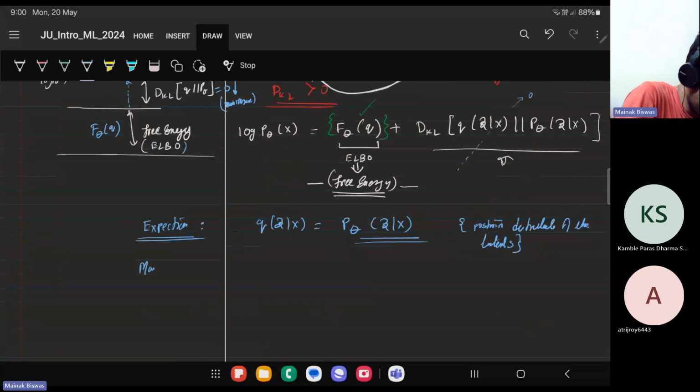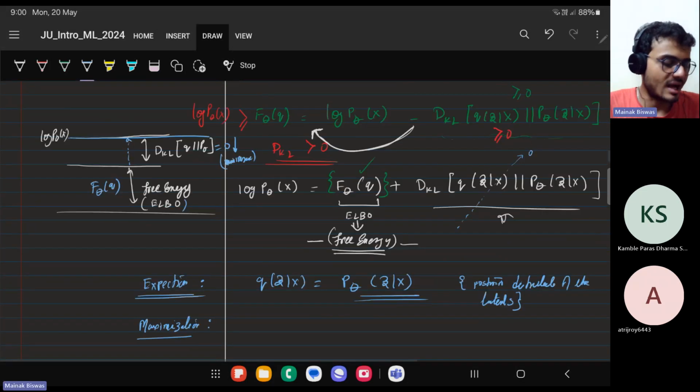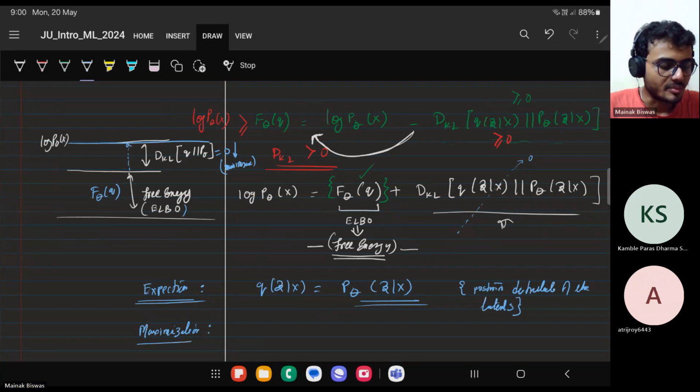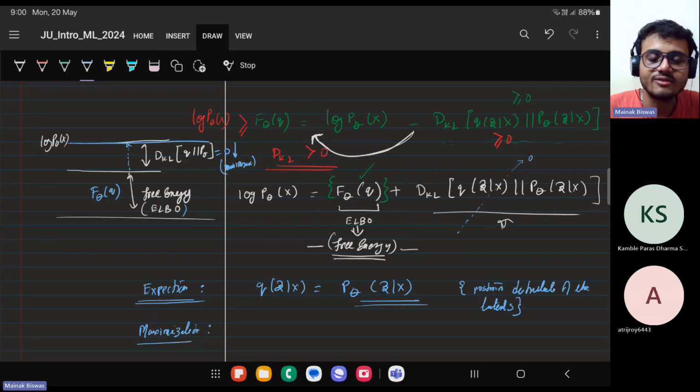Now the maximization step. Only if I change q of z given x, I'm just going to stay here. Will I be able to improve this as well?